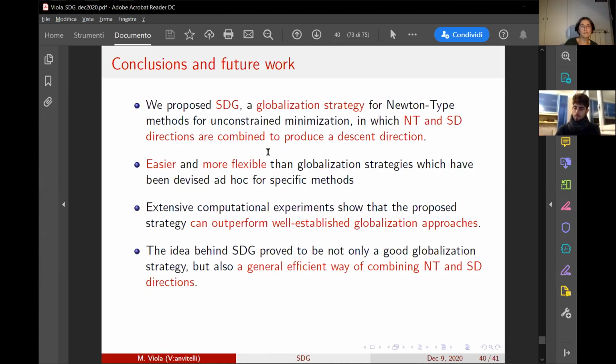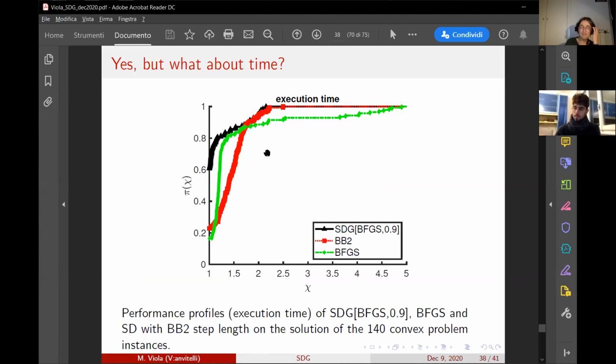I think that's because if you take the ABB mean step length alone, it is very good, but then you take a completely different direction. So all the nice properties on what happens to the eigenvalues of the error are lost; you cannot keep them with the ABB mean step length.